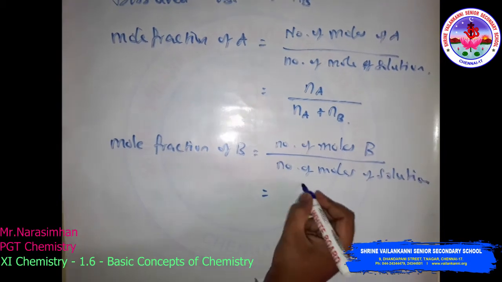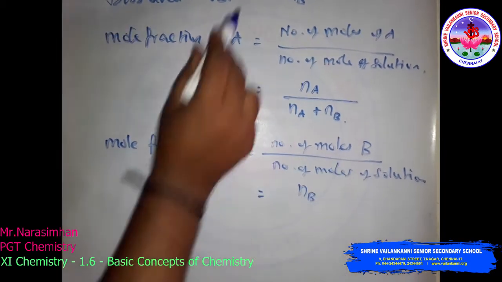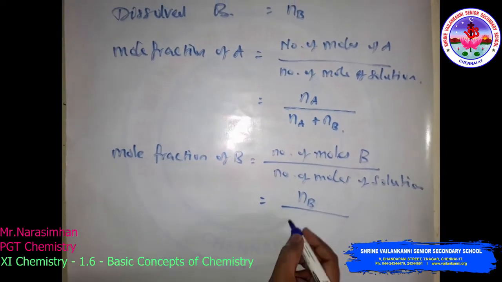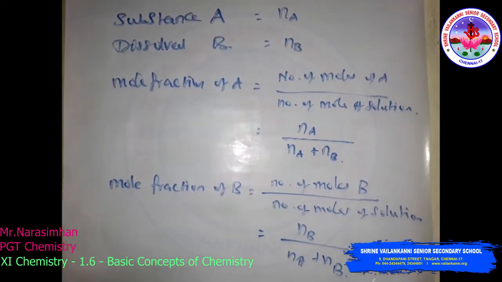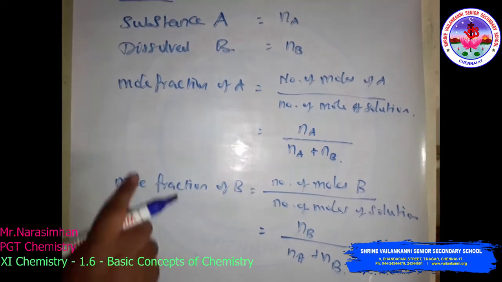So it becomes Nb divided by Na plus Nb. This is the calculation method for mole fraction.